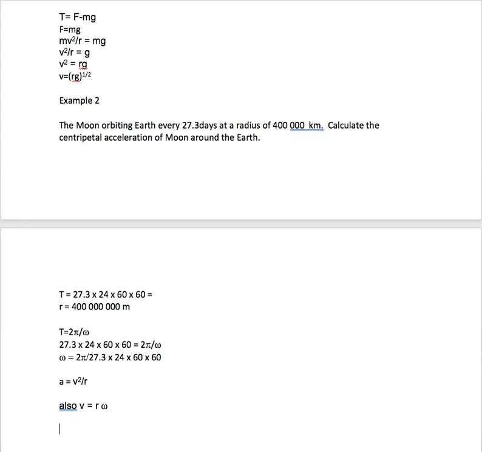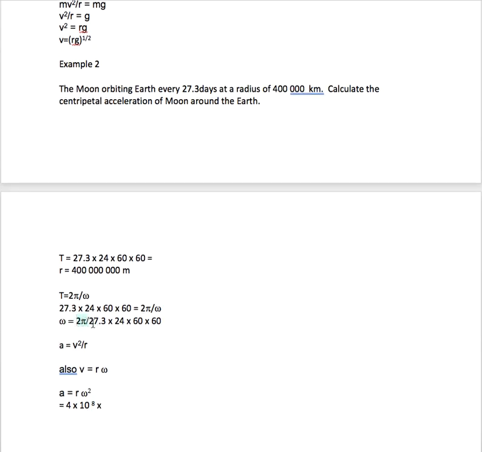So we have A equals r omega squared, which equals 4 times 10 to the 8, the radius of the orbit, times omega squared, which is all of that, squared.